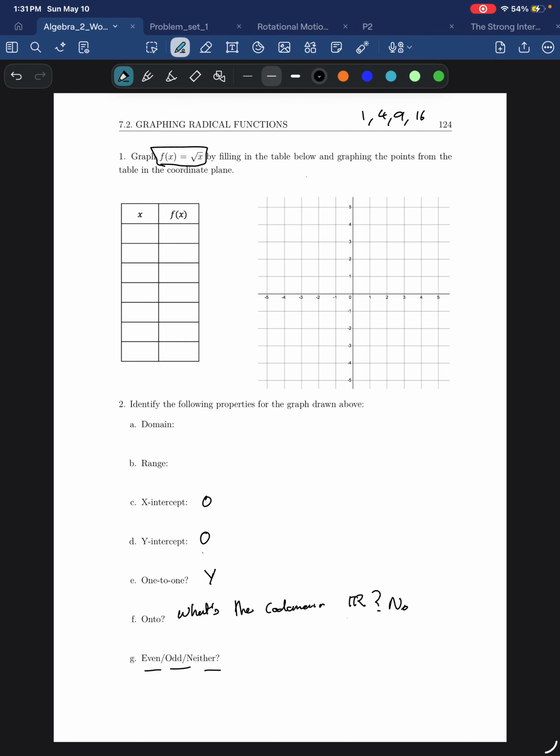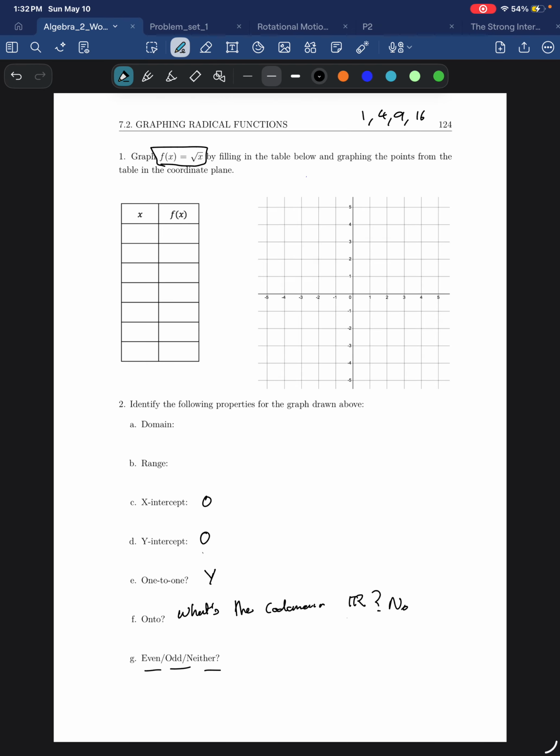What you can use is, if you know that this symbol here is a square root, then if I plug in a perfect square for x and I take its square root, I will not get a decimal. I will get a nice whole number.